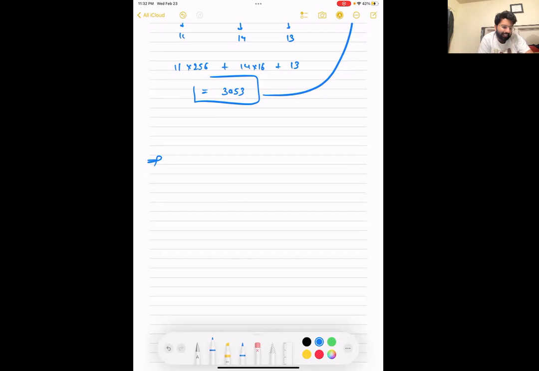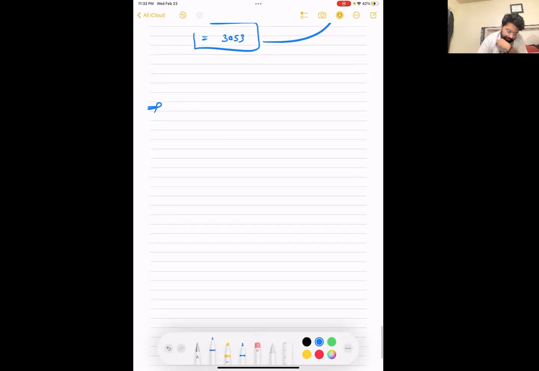Convert the following hexadecimal to binary and explain how you did it. Okay, here's a nice trick to do these problems. First you're going to write the number D4E in hexadecimal. We know D is 13, 4 is 4, and E is 14, right?